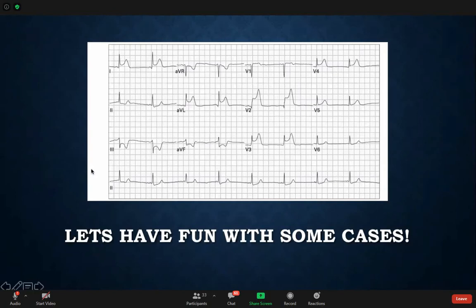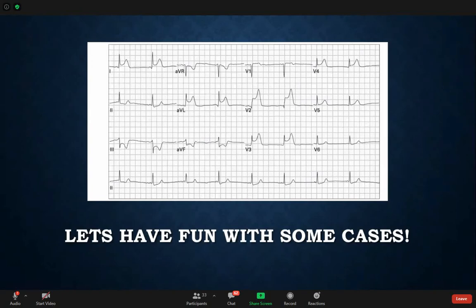First, the heart rate. So what's the heart rate? Basically, it's a bradycardia. So what's the rate? The first question, what did we say? Sinus or non-sinus, right? Do you remember? Yes. The first question is whether every P wave is followed by a QRS or not.